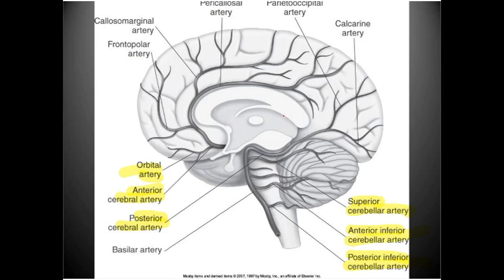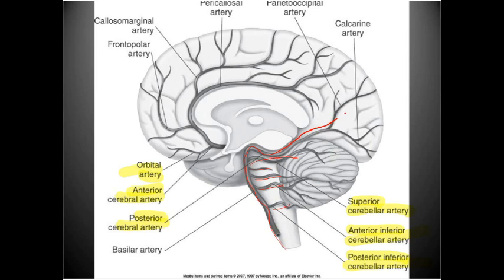Here we have basically the vertebral arteries coming up, forming the basilar artery, and the basilar artery providing all of these branches.